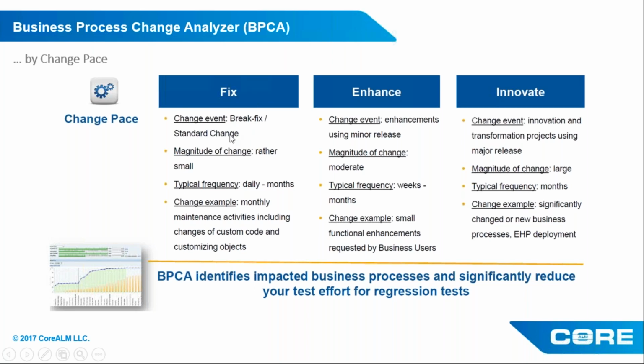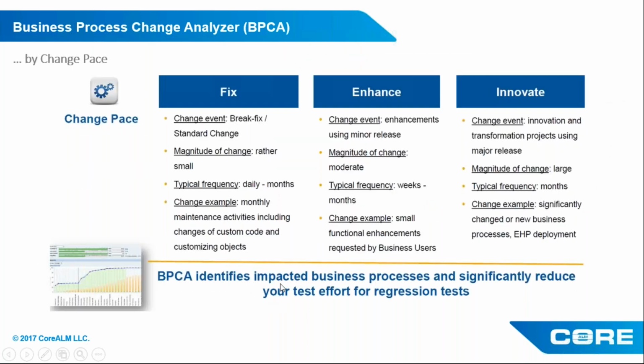Fix is a break fix, a standard change. It's small, can be daily or months. For example, a monthly maintenance activity, including changes of custom codes and custom objects. Enhancements would be functional enhancements requested by business users, and then innovation, that's a large innovation or transformation project that significantly changes our business processes.